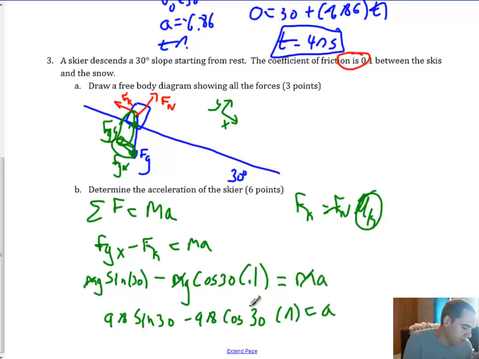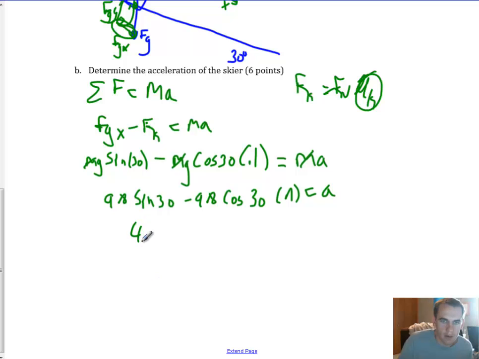Okay, let me do the math real quick. Sine of 30 times 9.8 is 4.9 minus the cosine of 30 times 9.8 times 0.1 for the kinetic frictional coefficient. Well, that was interesting.